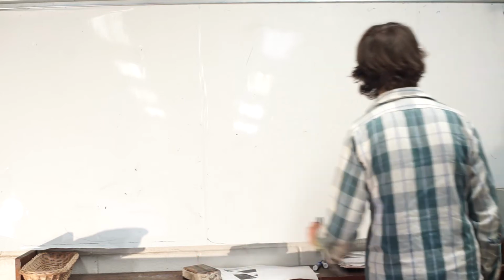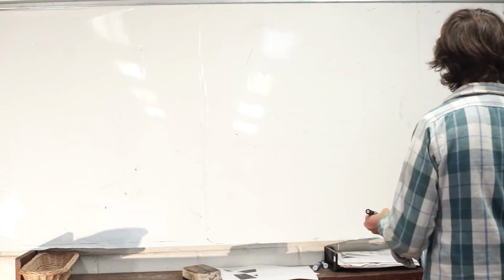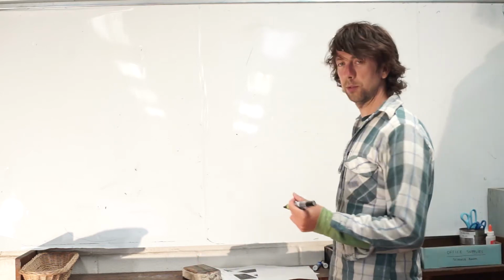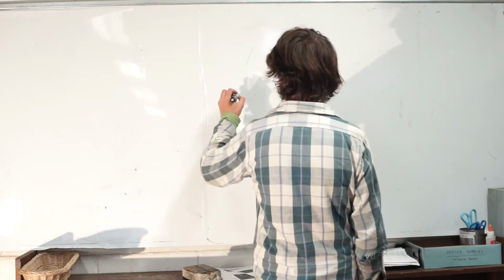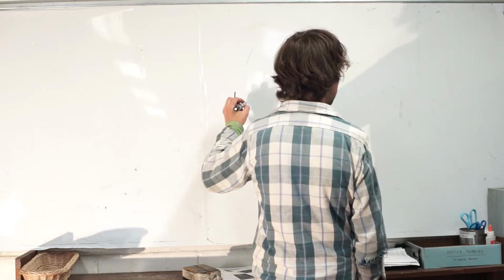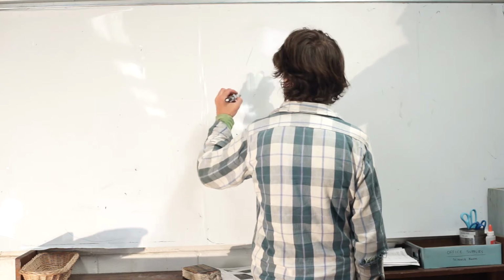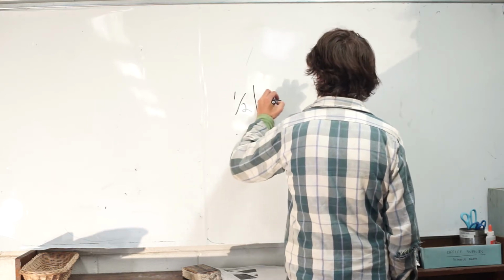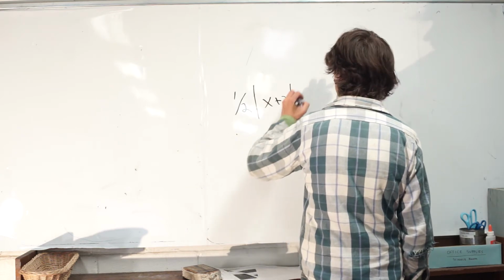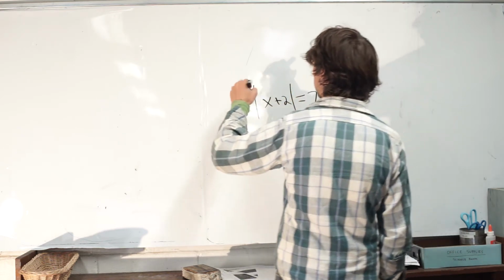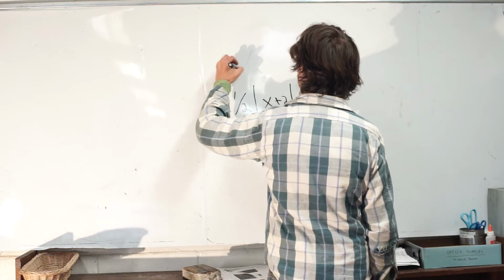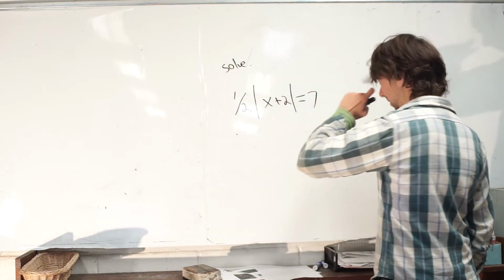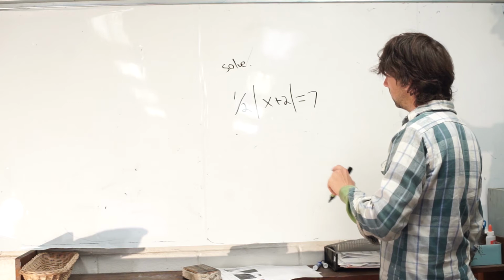Not always, not necessarily. Alright, let's do graphing an absolute value equation. Or actually, we'll solve it and graph it. That'd be good. So it might say solve, it's kind of complicated.